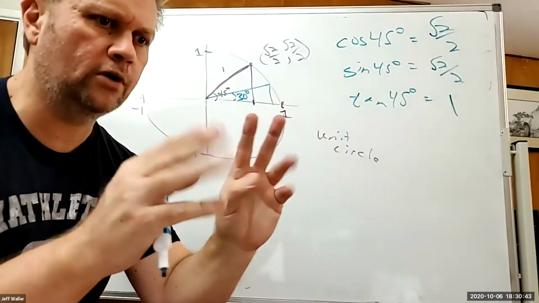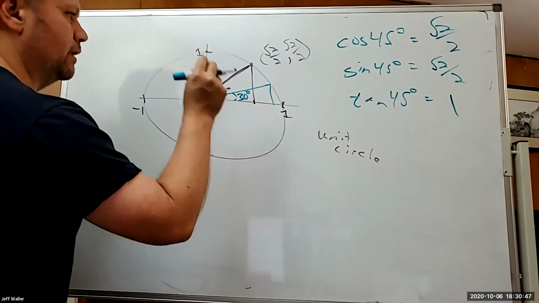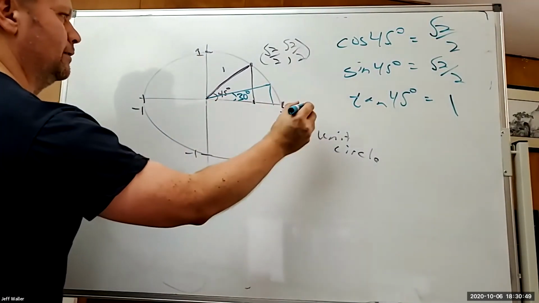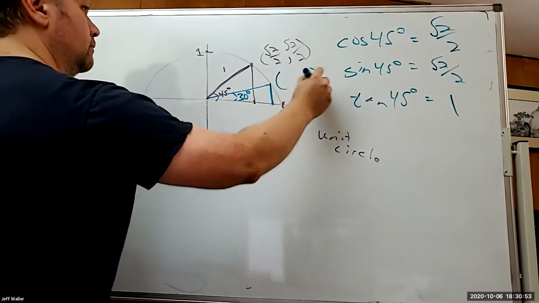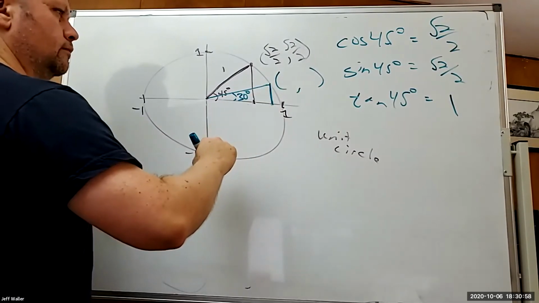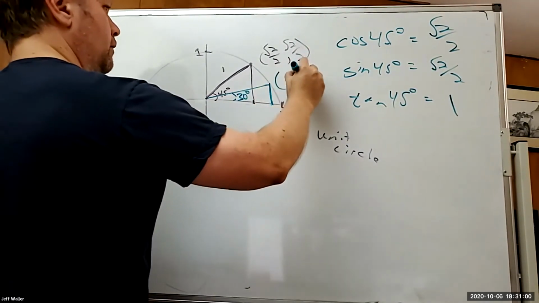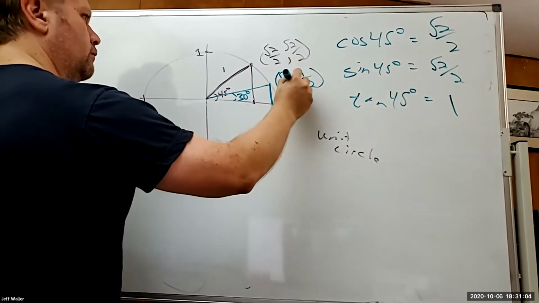The cosine must be bigger because the cosine likes x. Who remembers what the sine of 30 is? One half. And the cosine is going to be the other piece, rad 3 over 2.